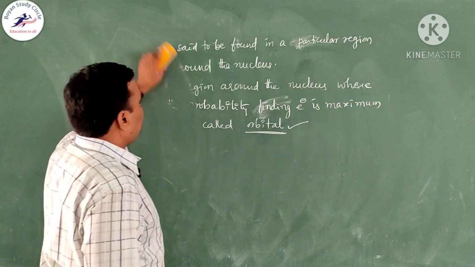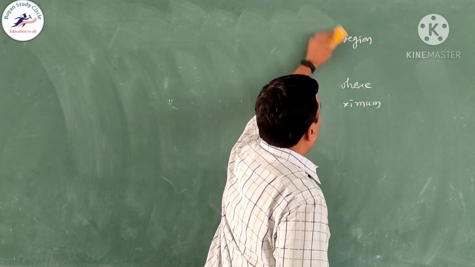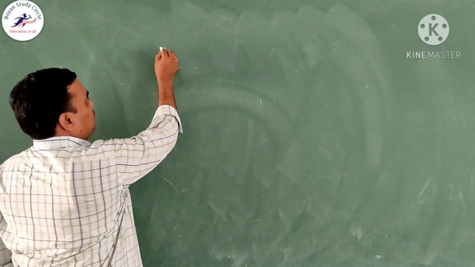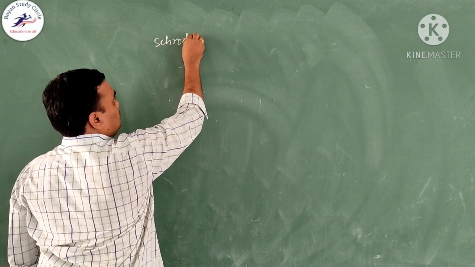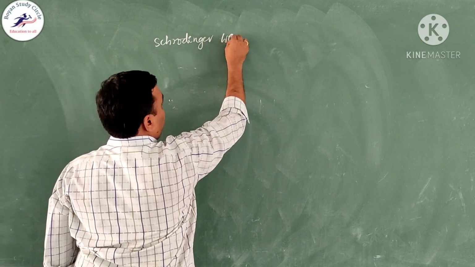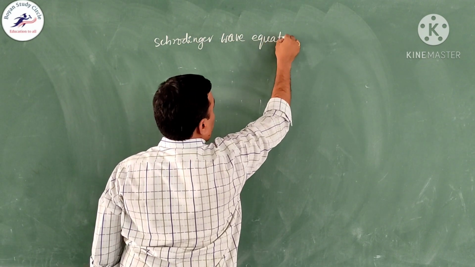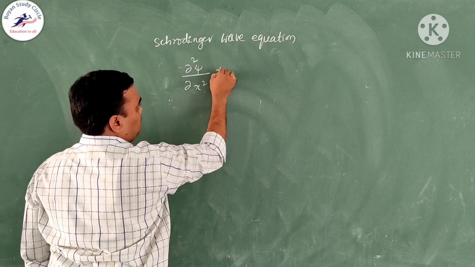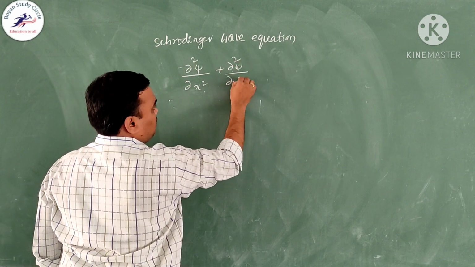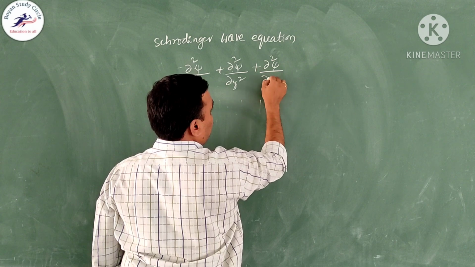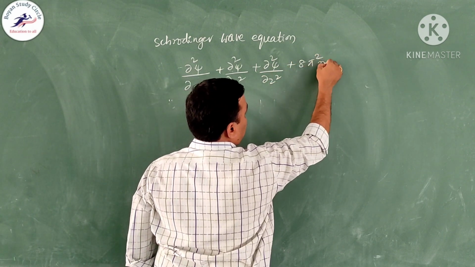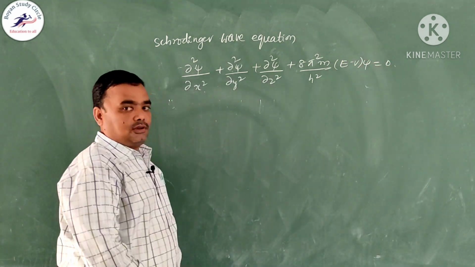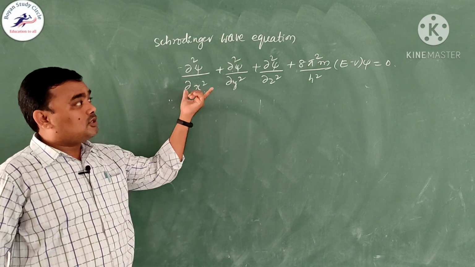Now, Erwin Schrodinger gave an equation that is called the Schrodinger wave equation. That Schrodinger wave equation is: del squared psi by del x squared plus del squared psi by del y squared plus del squared psi by del z squared plus 8 pi squared m by h squared (E minus V) psi equals 0.